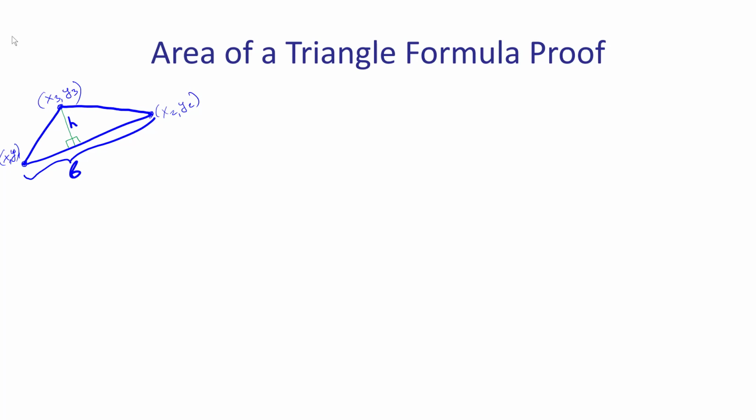From school geometry you should know that the area should be 1/2 h multiplied by b, which means height multiplied by the base. Also, from the Pythagorean theorem you know that b could be computed as the square root of (x2 minus x1) squared plus (y2 minus y1) squared.